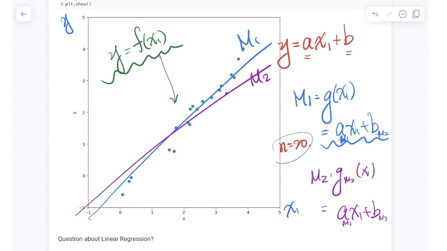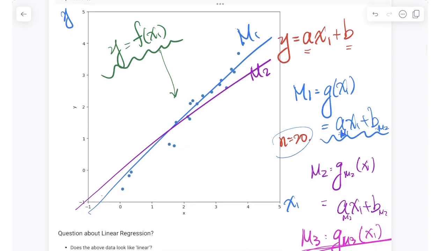That is a different model, and of course you can use any other mathematical tools to help you find another model, which is g M3. It is not necessary to be linear. This line can be very strange like this one.